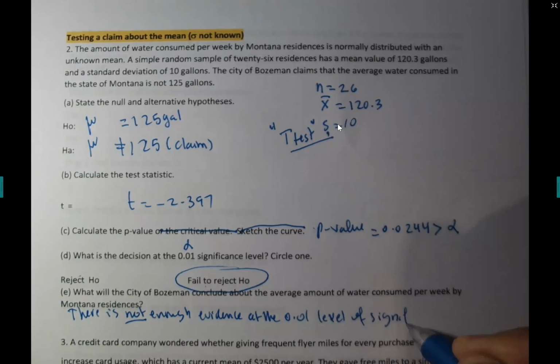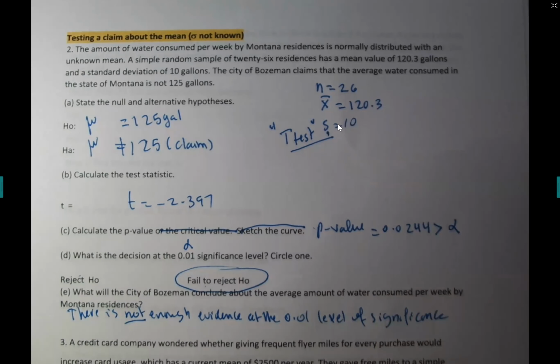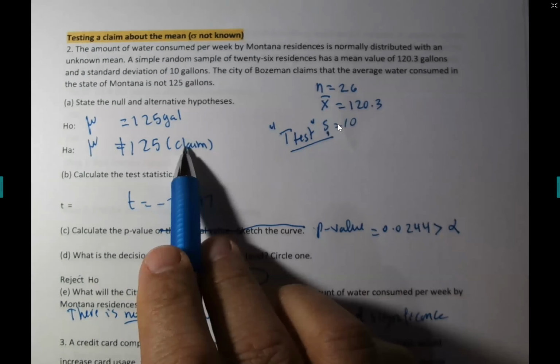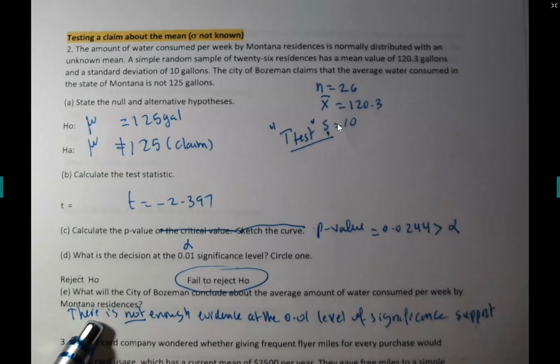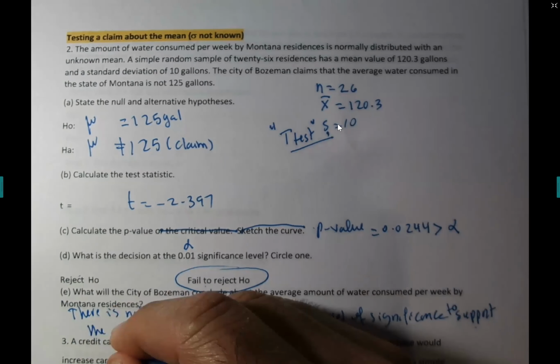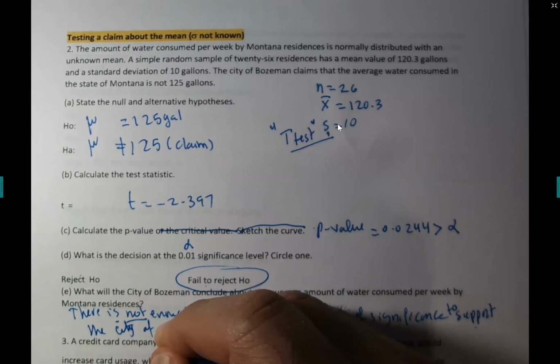Then if you're doing your MyMathLab homework, it's going to tell you select reject or support. Where is the claim, guys? In HA. If you get the words reject and support, you select the word support because the claim is in HA. But we're not saying that we're supporting here. We're saying we're not supporting. There is not enough evidence to support the city of Bozeman claim.